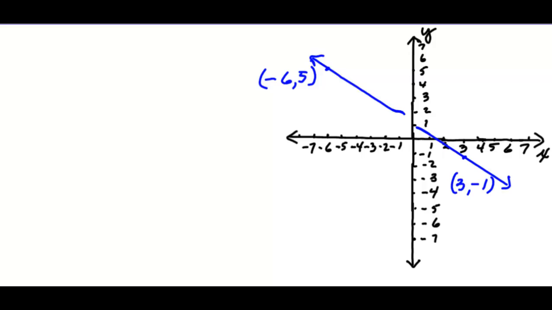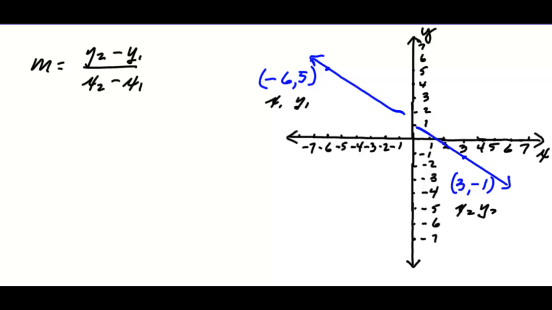Once I've gotten those 2 points where that linear equation crosses, now what I need to do is just go back to my formula. m equals y2 minus y1 over x2 minus x1. But we haven't decided which is which. So I'm going to say that my first point that I picked will be my x1, y1, and my second point will be my x2, y2.